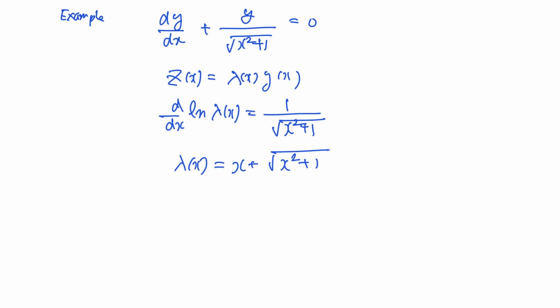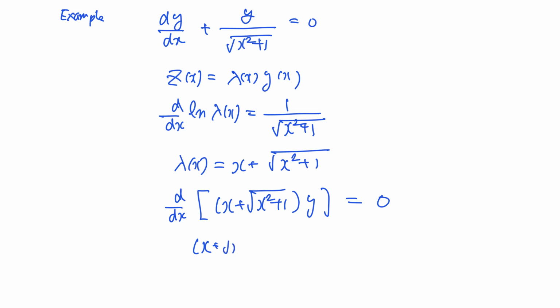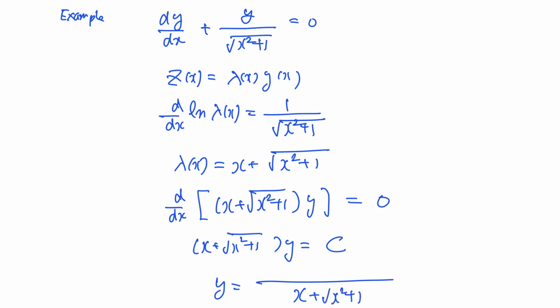So, in this case, d/dx of (x plus the square root of x squared plus 1) times y is equal to 0, or x plus the square root of x squared plus 1 times y equals some constant, or y equals c over x plus the square root of x squared plus 1.